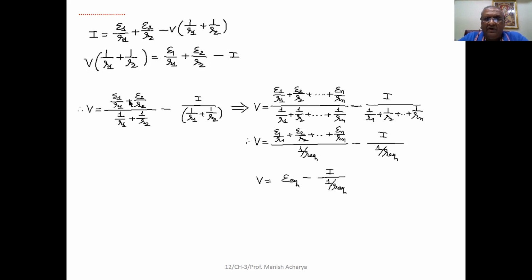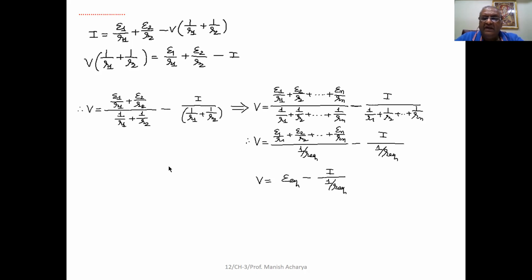So (E1 upon R1 plus E2 upon R2) whole thing divided by (1 upon R1 plus 1 upon R2), minus I upon (1 upon R1 plus 1 upon R2). So this one is the equation for two cells connected in parallel.